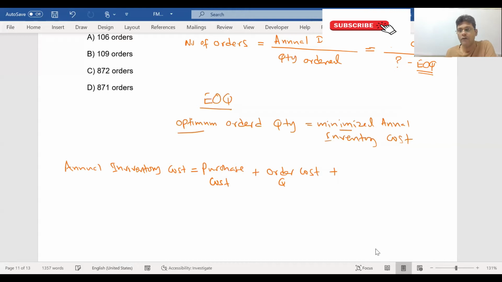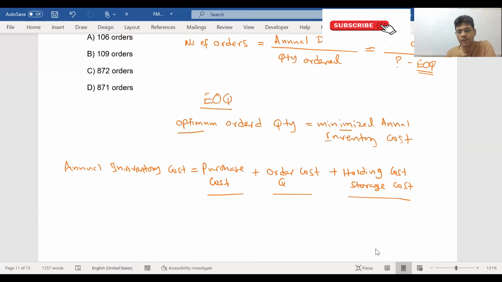Then after ordering, you need to store the items, so the storage cost, or we can say holding cost or storage cost. So these are the main components of annual inventory cost.